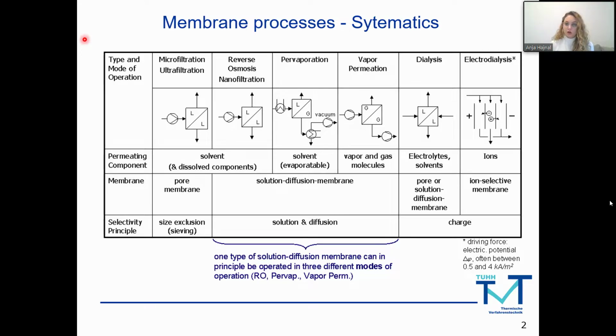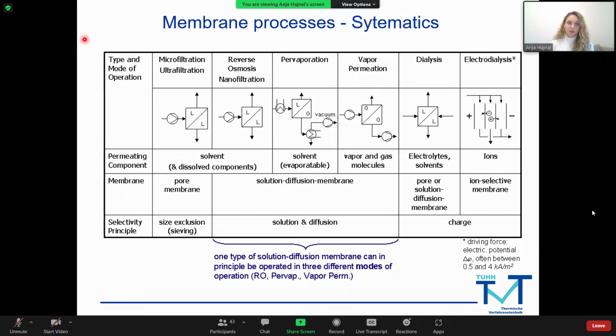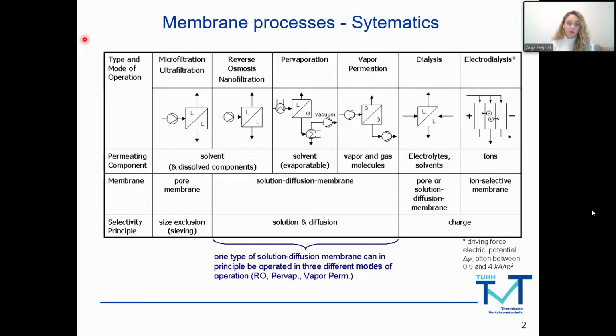And our solvent is passing through, while the dissolved components are being retained by the membrane. The principle of separation is size exclusion. So the molecules that are larger than the pore sizes of our membrane are going to be retained, while the rest is going to go through the membrane.